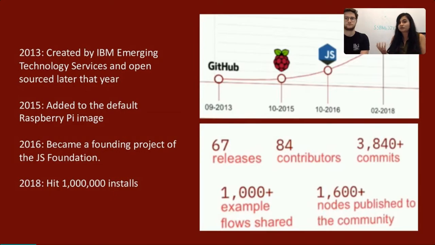The most beautiful thing about it is the kind of community it has around it. At this point in 2019, there are over 3,000 different nodes created, so many contributors, and so many flows that are contributed. It's a great place to explore and start, especially if you're looking to build things, because you have a really awesome community around it.